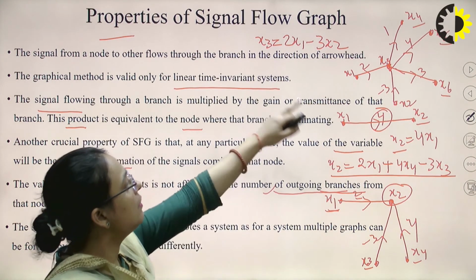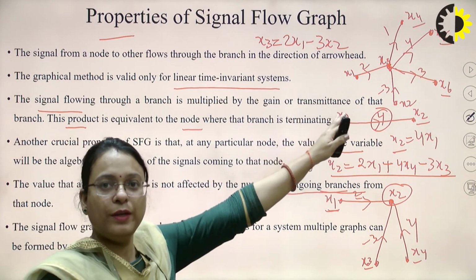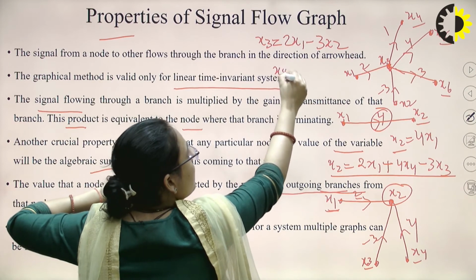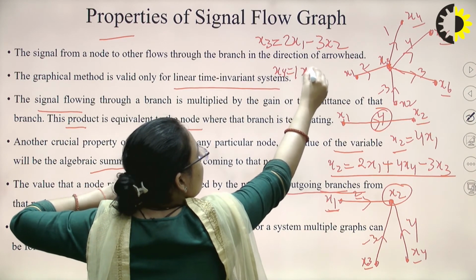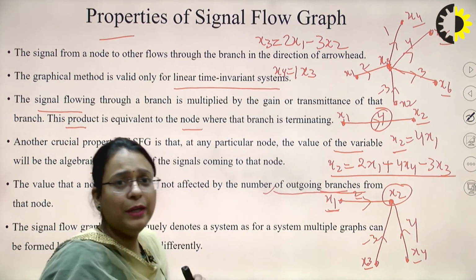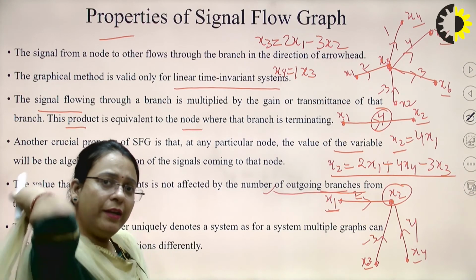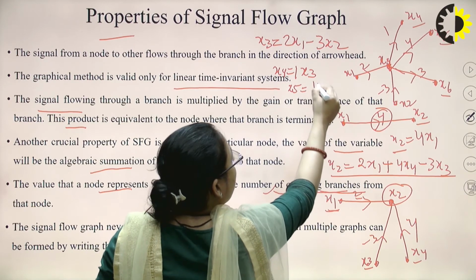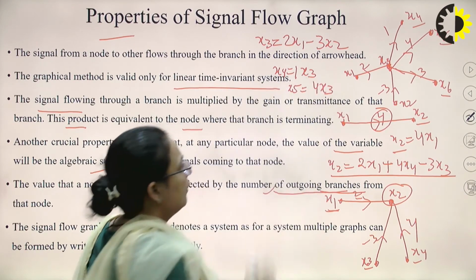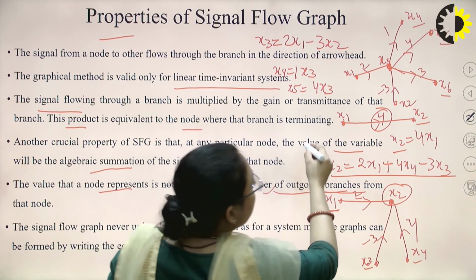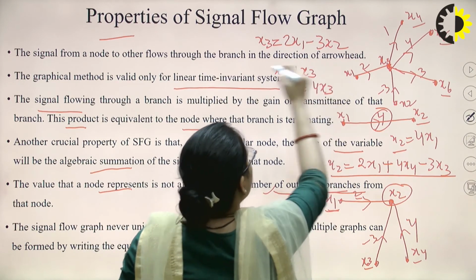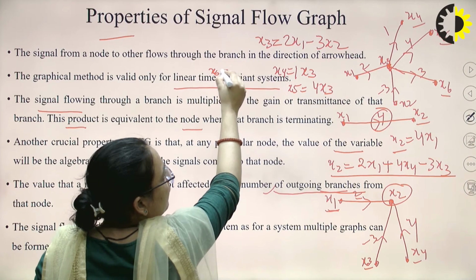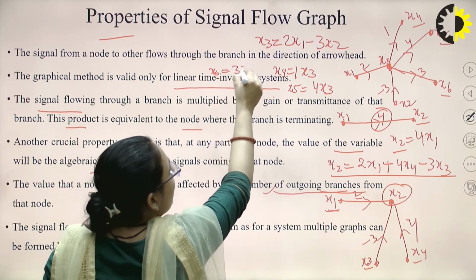While the three branches going away from x3 can be written as: x4 equals 1 times x3, which is a separate equation between x3 and x4. x5 can be written as 4 times x3, right? And similarly, x6 will be equal to 3 times x3.